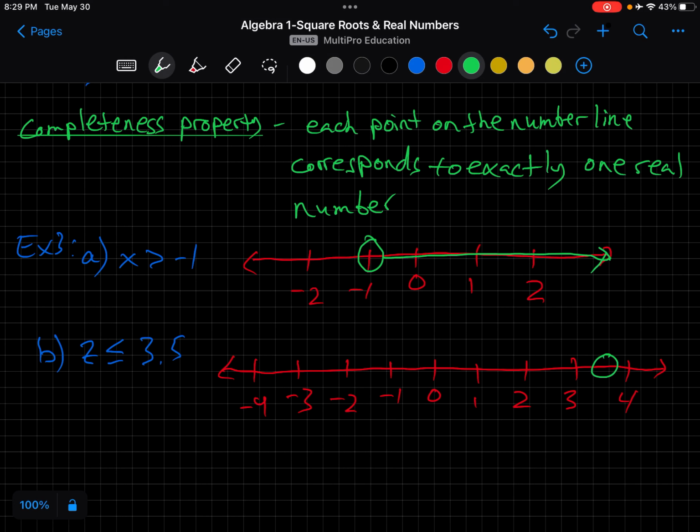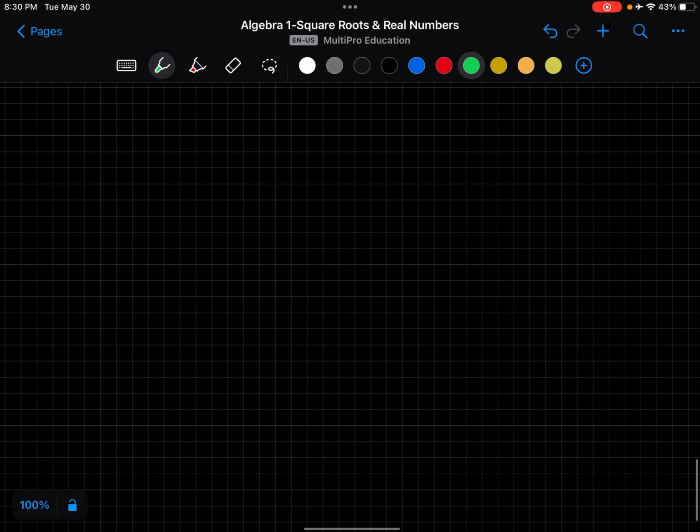It would be halfway between 3 and 4, on the right of 0. Now this says less than or equal to 3.5, so we need a solid circle. We want less than and equal to 3.5, so we go to the left. We'll draw a green line going to the left. Okay, great job.